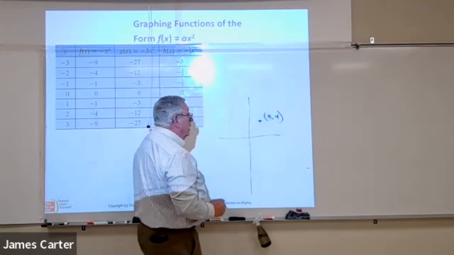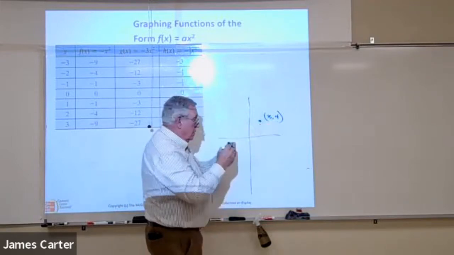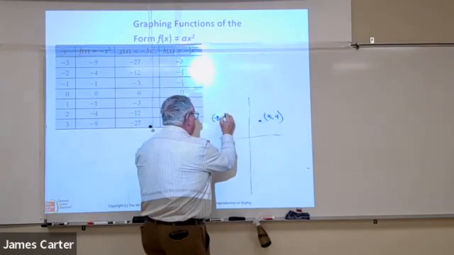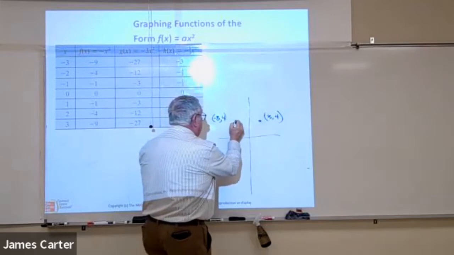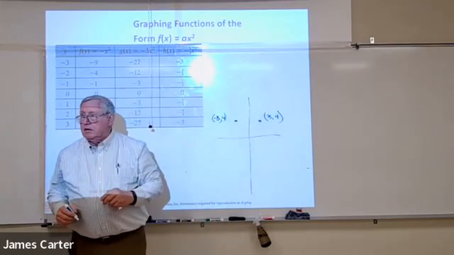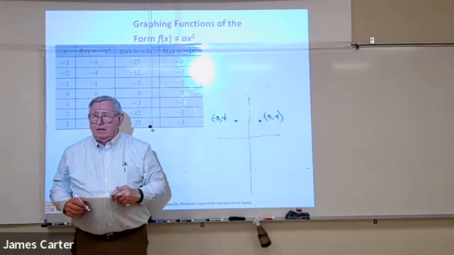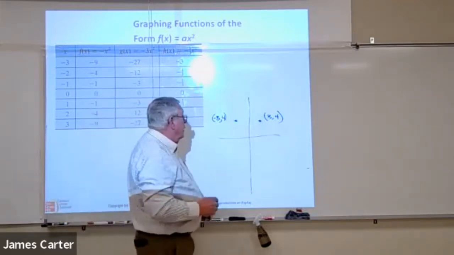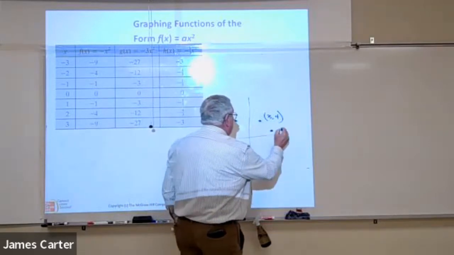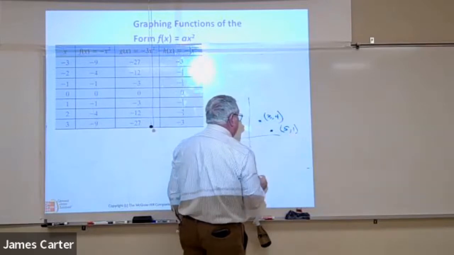Okay. If I change x to negative x, then I get a point which is over here. It reflects it across the y-axis. Okay. If I had another point here, let's call this one 5, 1.